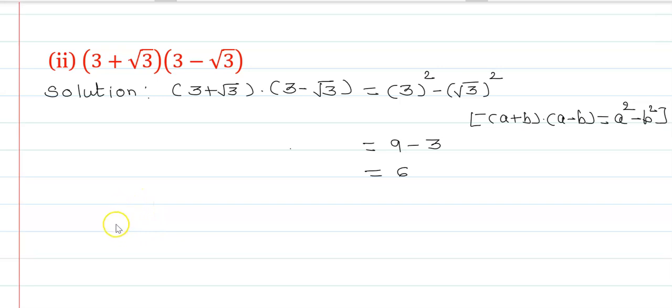Therefore, we write the answer: 3 plus root 3 into 3 minus root 3 is equal to 6.